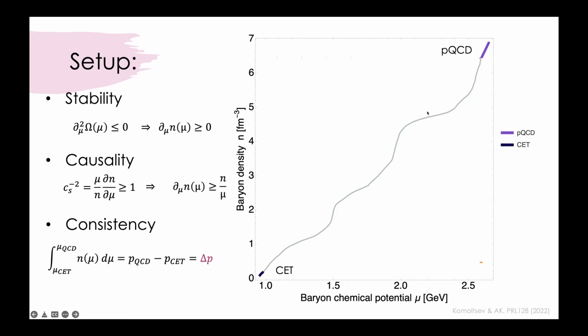And furthermore, the consistency of all thermodynamic variables can be imposed by looking at the integral under this curve. So the integral under this curve is given by the pressure difference of these two limits, and that we know from the microscopic calculations. And in this case, it's roughly 1/3 or 40% of the area under this curve that you have to have. So that fixes the area under the curve here to be roughly 1/3 of this square. And these are now the rules of the game that we started playing.